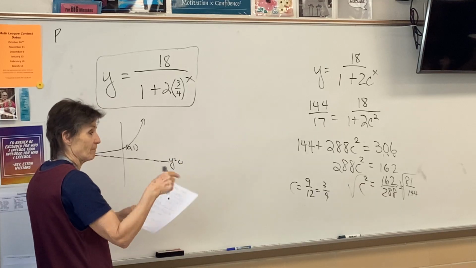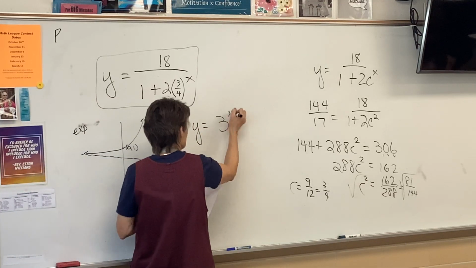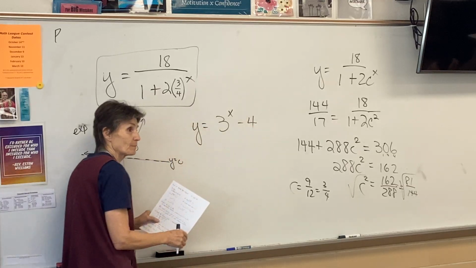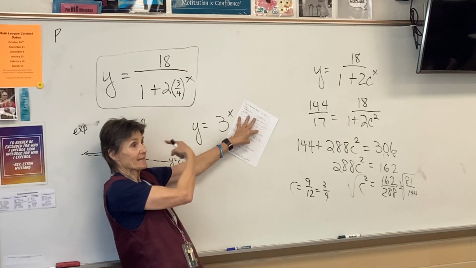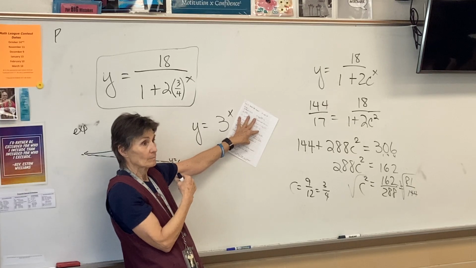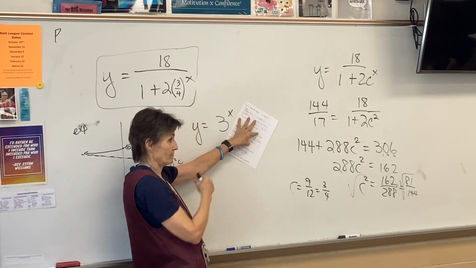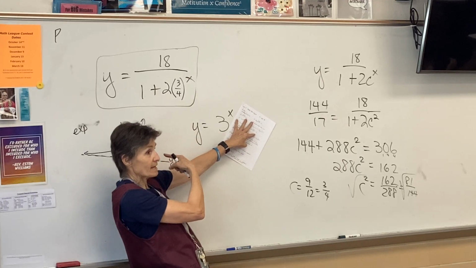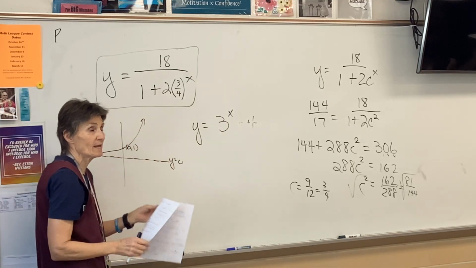So I'll do B first since that's the exponential. Y equals 3 to the x minus 4. Now, 3 to the x looks just like that. Nothing different. If you put in 0, you get 1. That is 3 to the x. What happens when I put a -4 on the end?